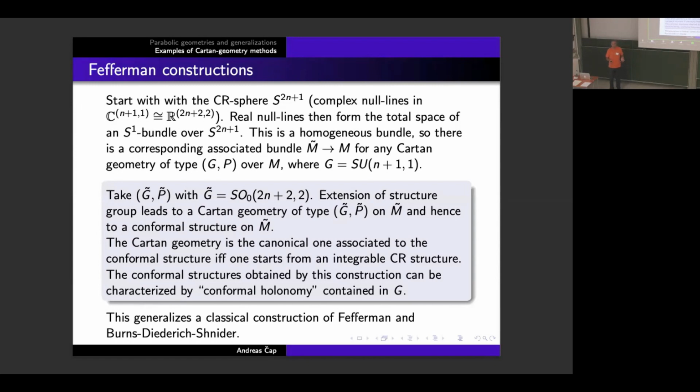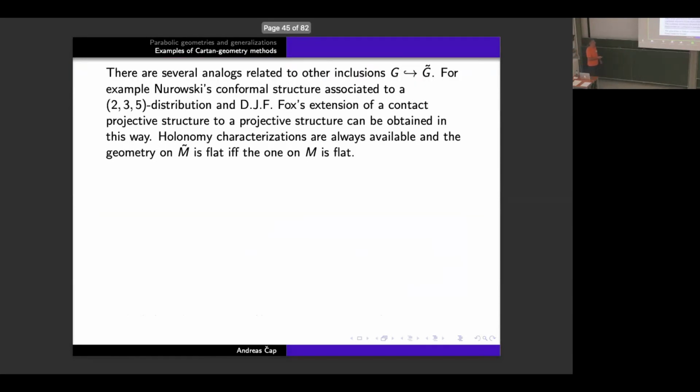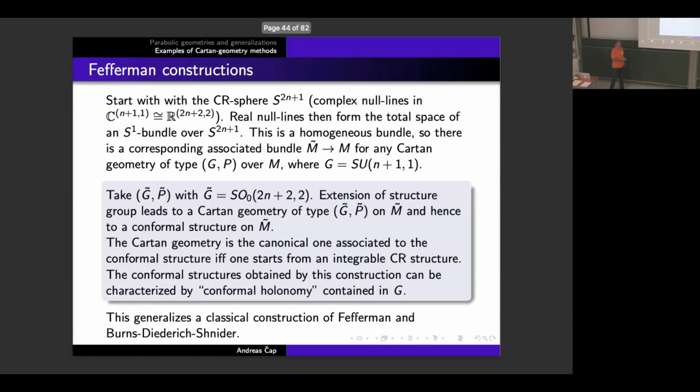Fefferman did this for boundaries of strictly pseudo-convex domains. Burns, Diederich, and Schneider did it first for the Cartan connections provided by Chern and Moser. So these are intensively studied in complex analysis. And you see, here it boils down to the fact that SU is contained in SO.